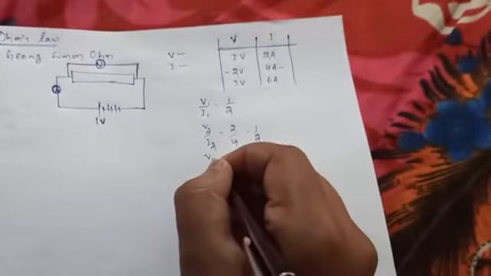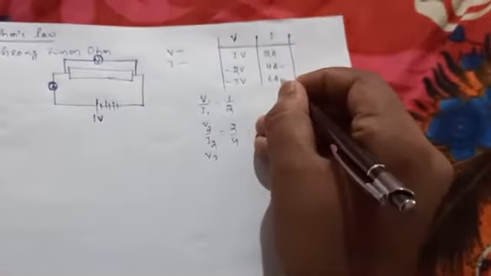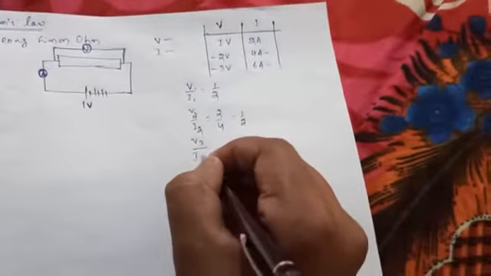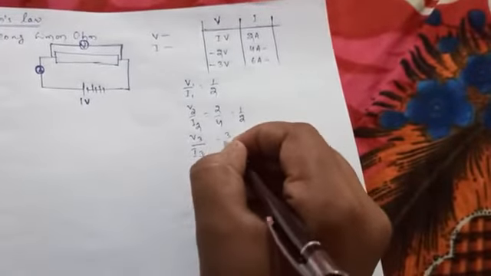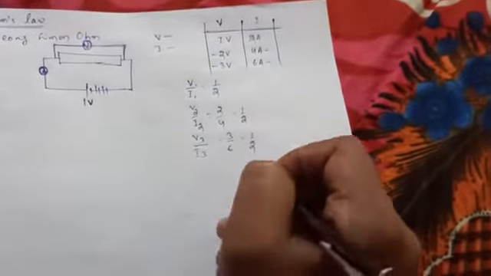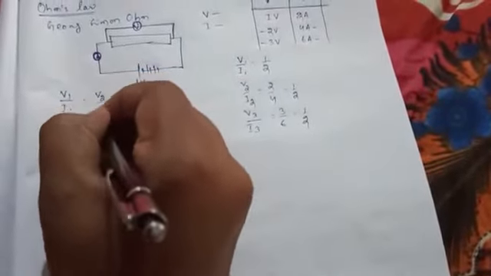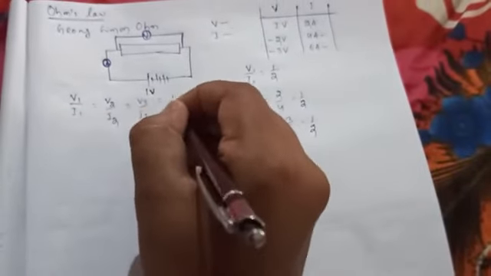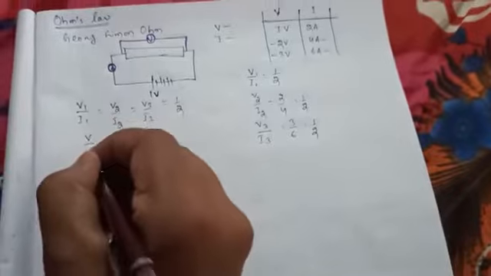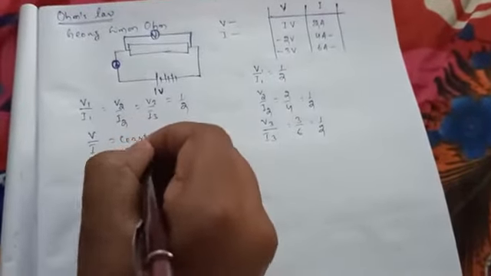Similarly, V3 by I3 equals 3 by 6, also 1 by 2. That means he gets the relation that V1 by I1, V2 by I2 and V3 by I3 all equal 1 by 2. That means V by I always remains constant.